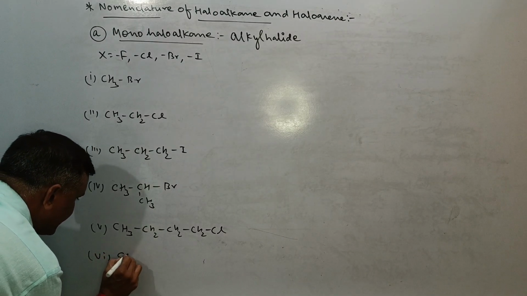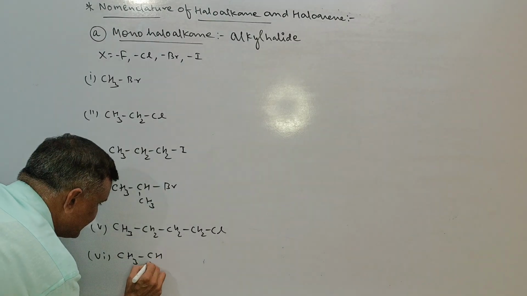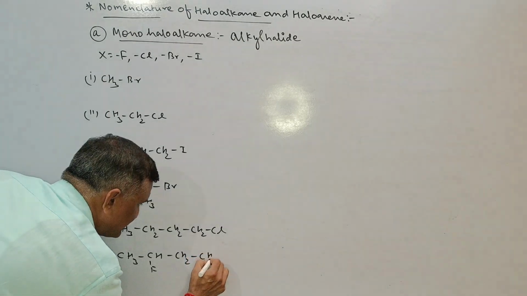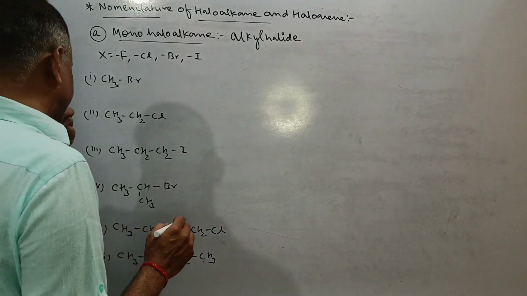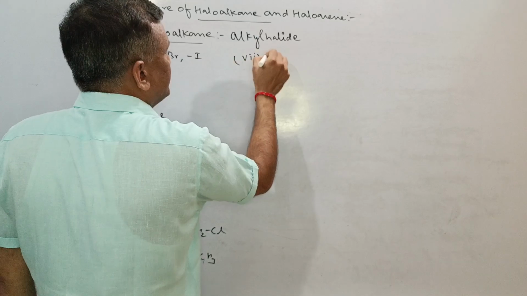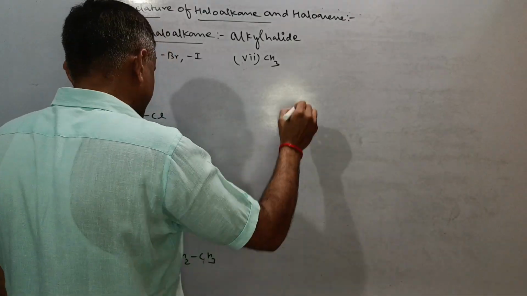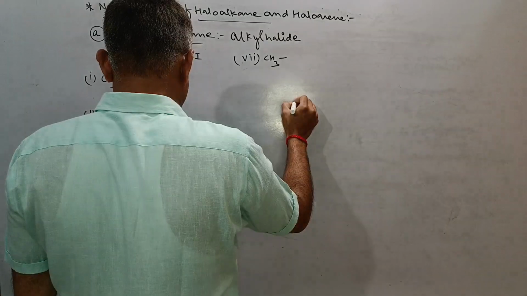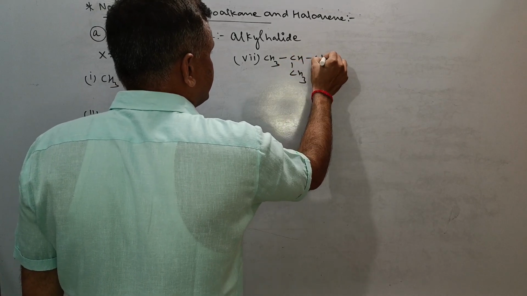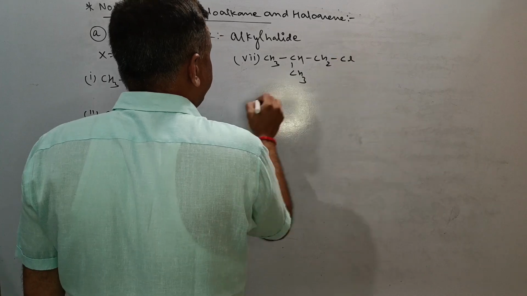You can take CH3CH, F, CH2 and CH3. Going further, the seventh compound is CH3CH2CH2Cl.